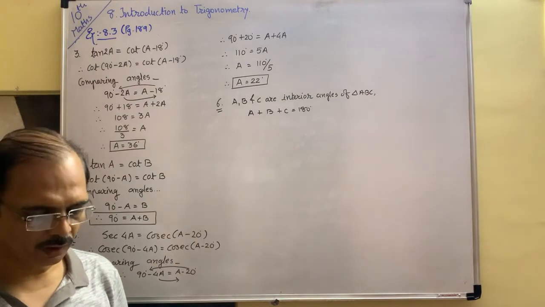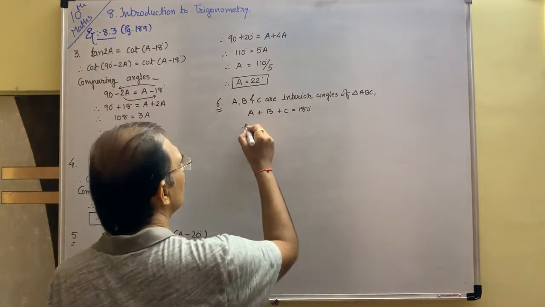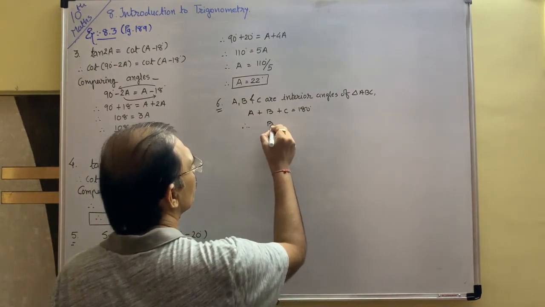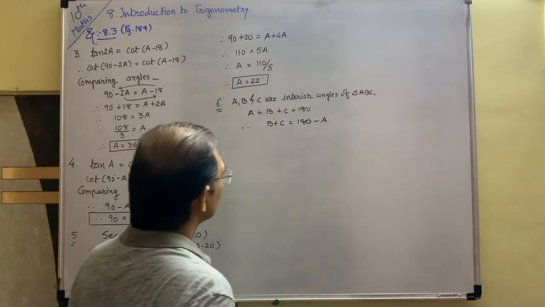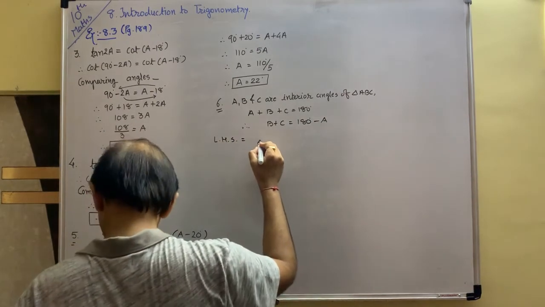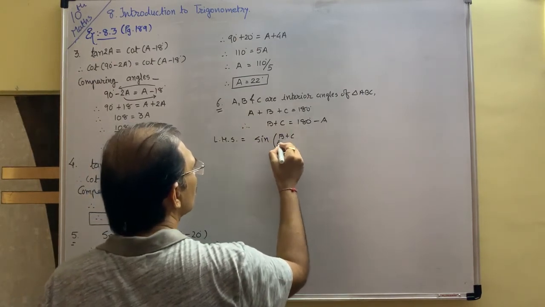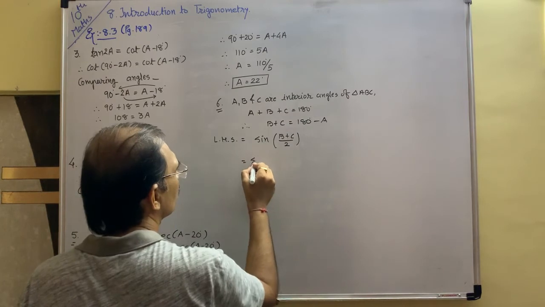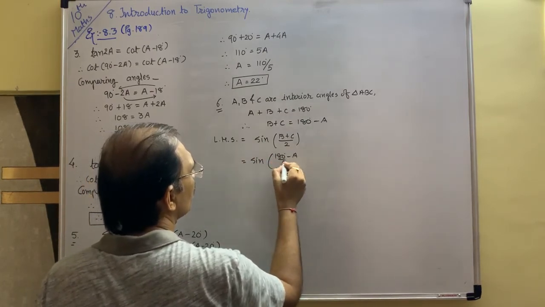Now you have to show sin((B plus C) upon 2), so I need B plus C. So I take A to the other side. So B plus C equals 180 minus A. Take LHS. LHS is sin((B plus C) upon 2). Now place the value. B plus C is 180 minus A, upon 2.